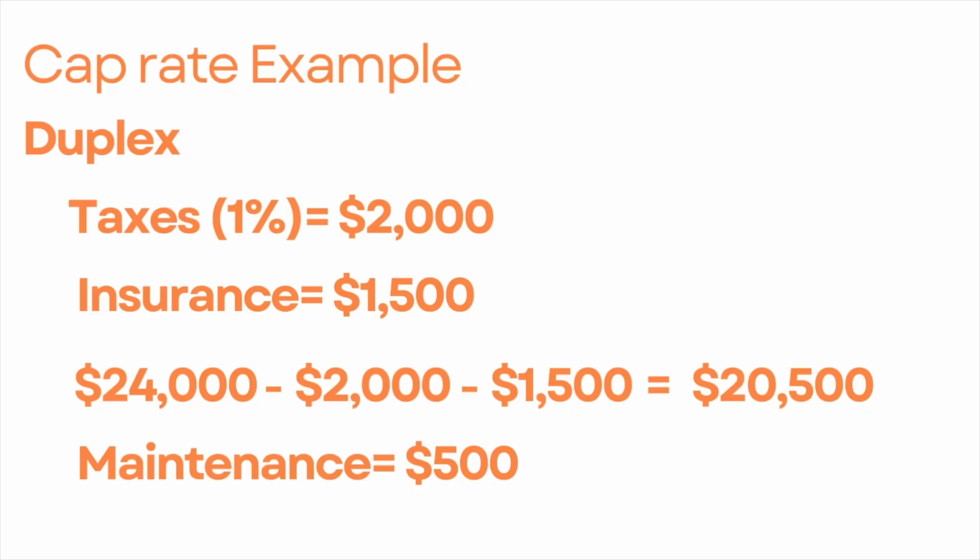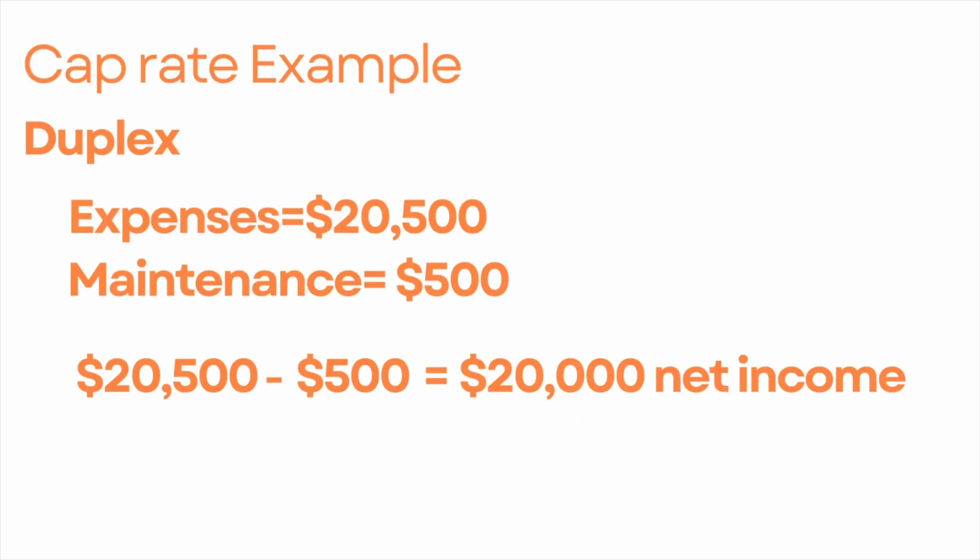So now what we need to do is take the same annualized income of the $24,000, and deduct $2,000, which is now getting us down to $22,000, and another $1,500, which is now getting us to $20,500. But wait, we got some maintenance. Let's just assume that we have some deferred maintenance of $500. So now we got $20,000 of net income, right?